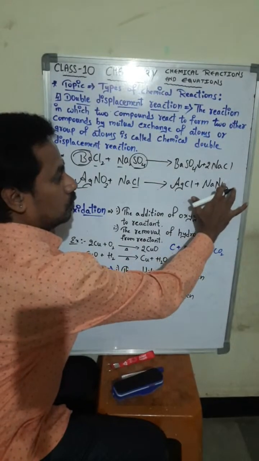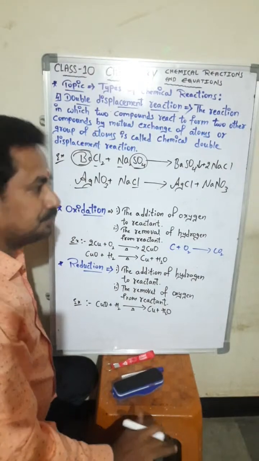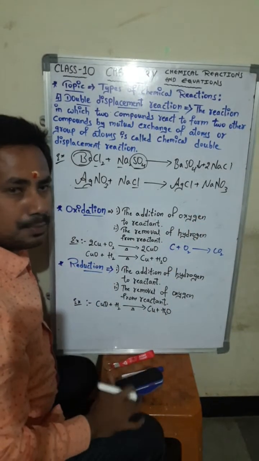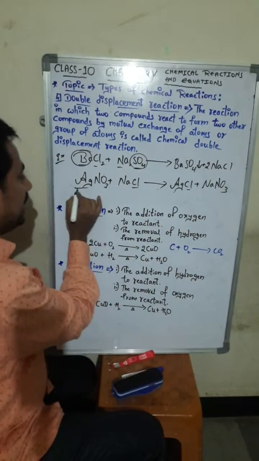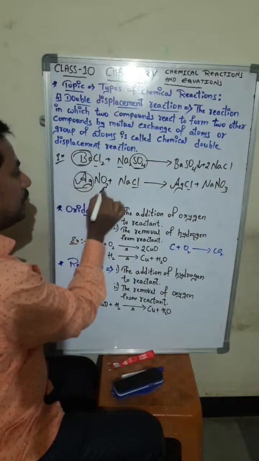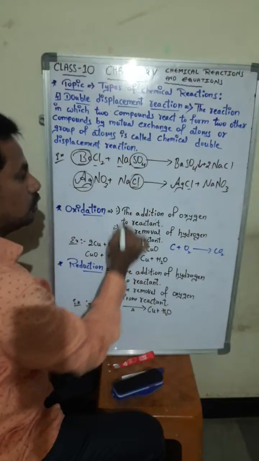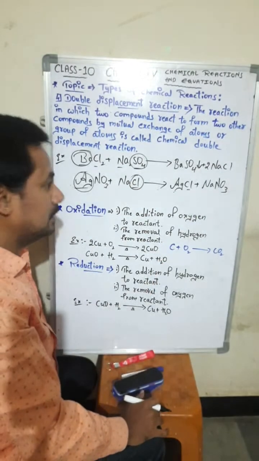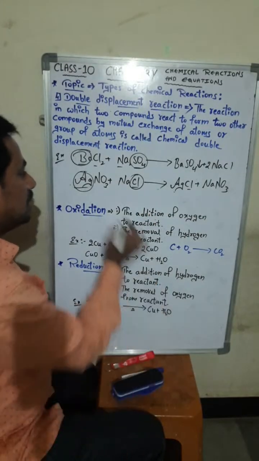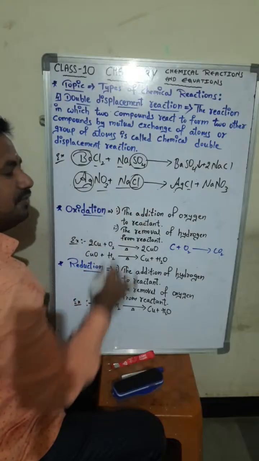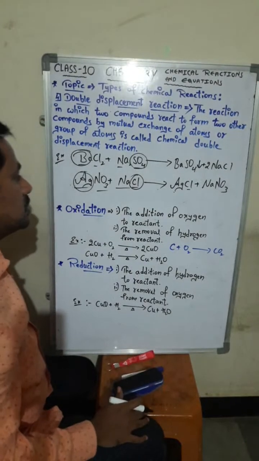SO4 is sulfate, NO3 is nitrate. Sodium is combined with nitrate to form sodium nitrate, and chlorine is combined with silver to form silver chloride. Initially silver nitrate and sodium chloride were there. The silver combined with chlorine, and the sodium combined with nitrate, so sodium nitrate is formed.